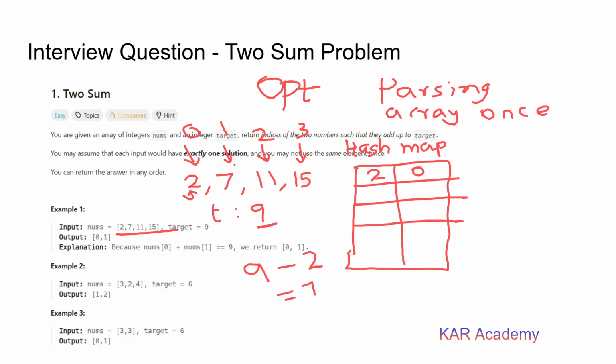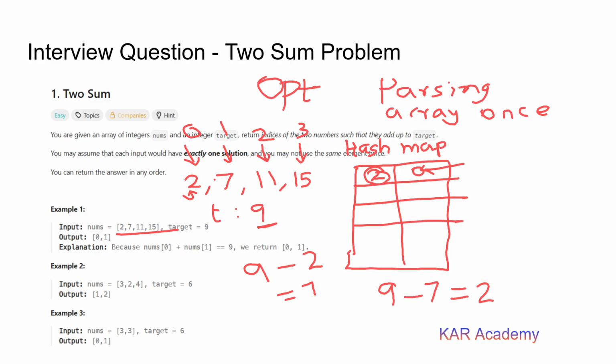Now let's go and read the second number 7. Now the target is 9. We have to check if 9 minus 7, which is 2, is present in this hash map. Yeah, we found 2 in the hash map, and we also found the location of that number, which is 0.